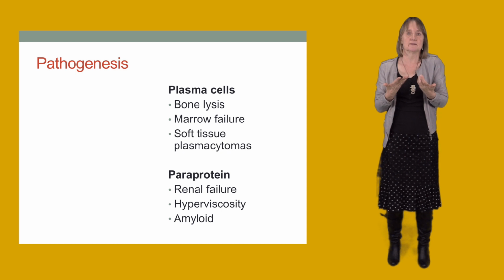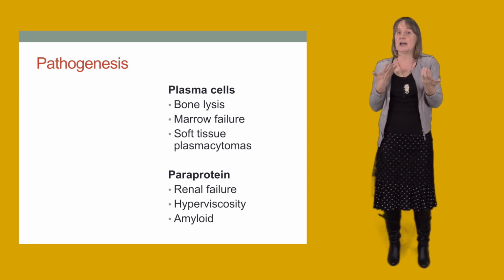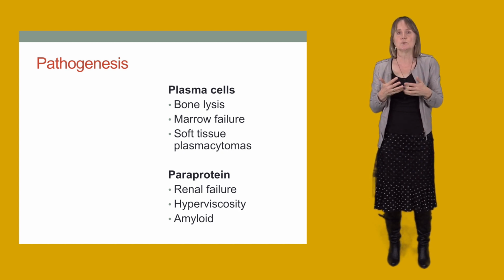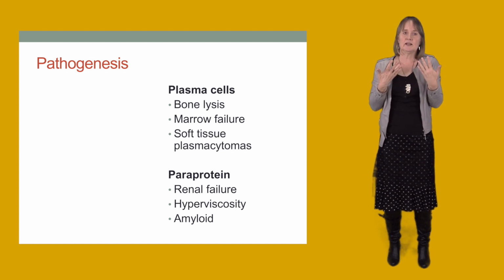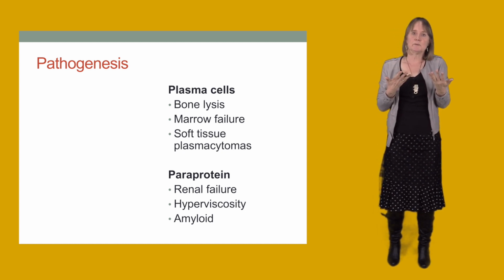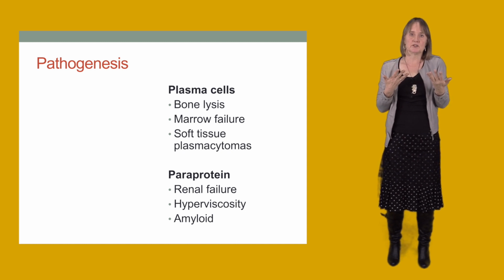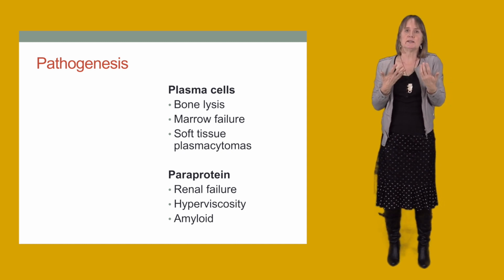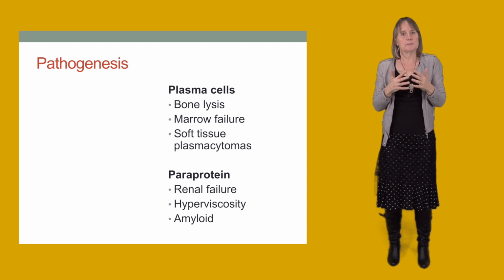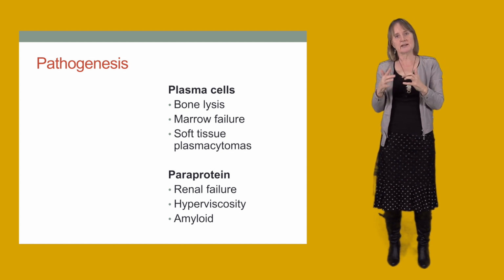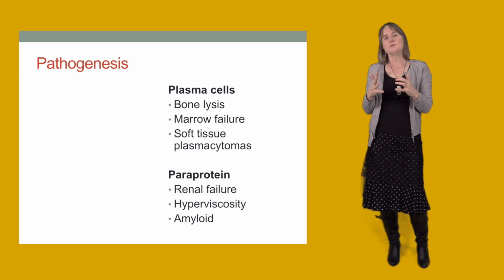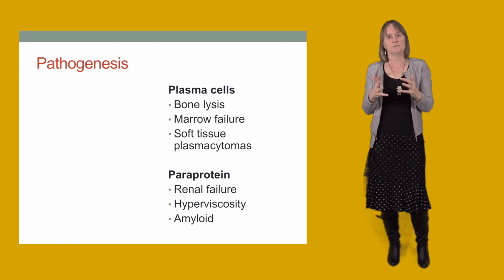This is one mechanism. Having a very high level, particularly of an IgA paraprotein or rarely IgM paraprotein, can cause hyperviscosity. And occasionally we see problems arising from amyloid deposition. So amyloid is when light chains are deposited in a particular molecular pattern in tissues that interferes with the function of that tissue.